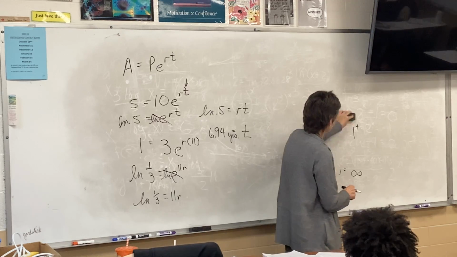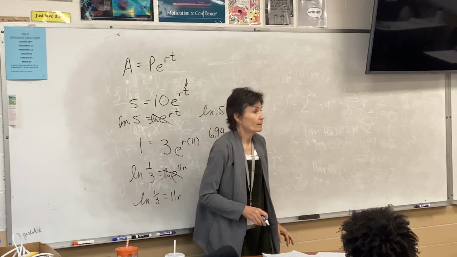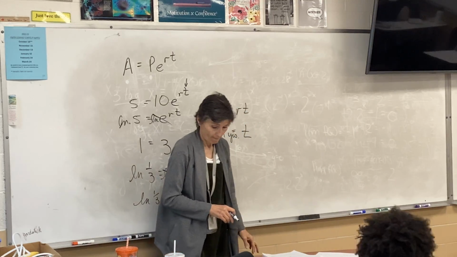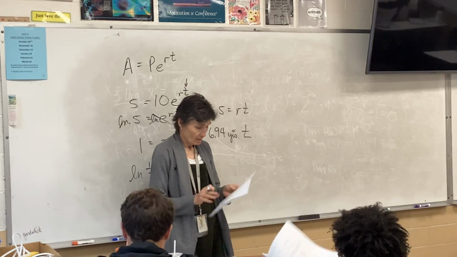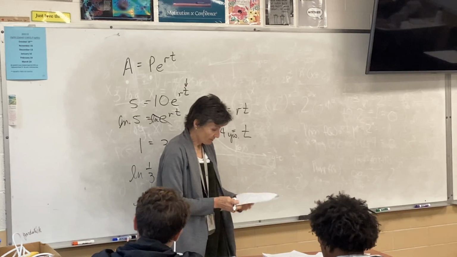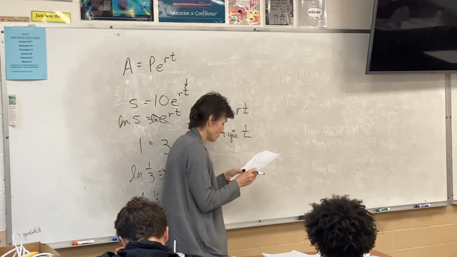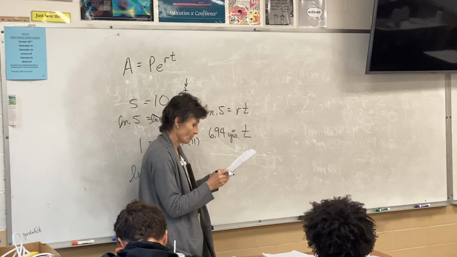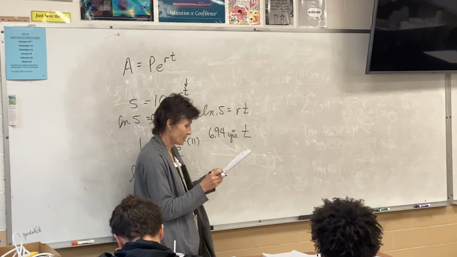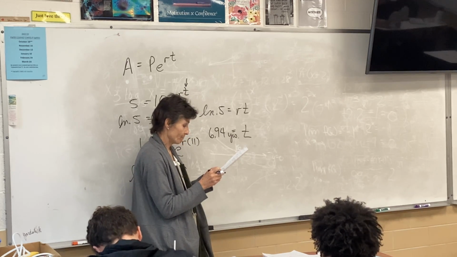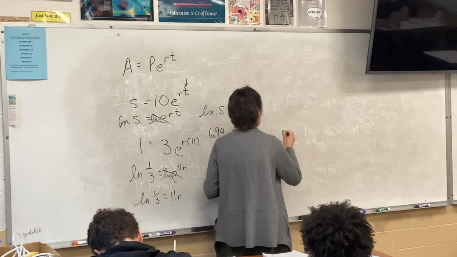All right, somebody who hasn't asked a question today. Okay, Josh? 4A on the calculator. Population of Nashville is this and this, and population is decreasing every year. What was population in 1990, and when will population be this? All right, so here we go.